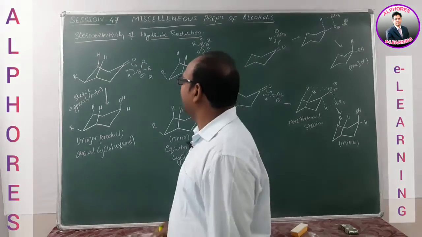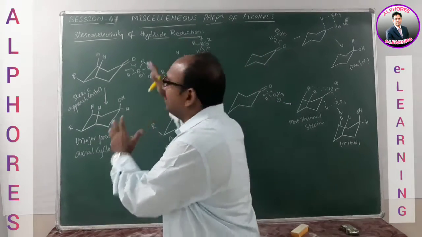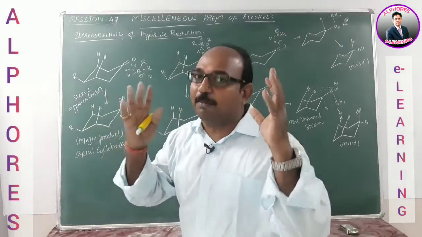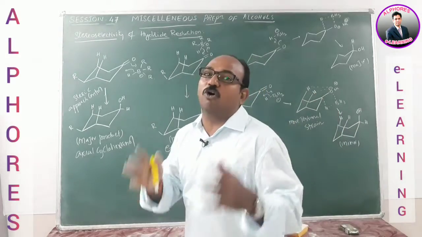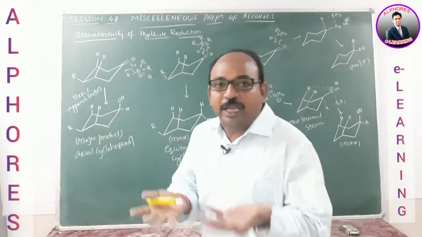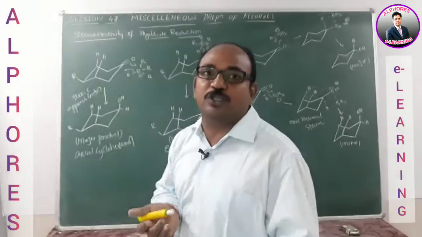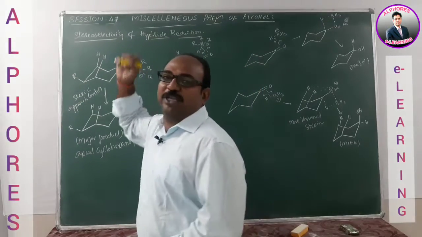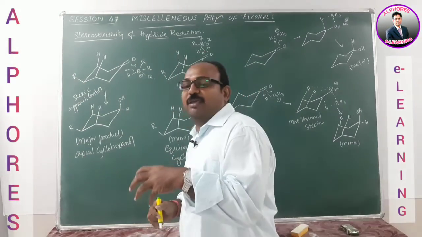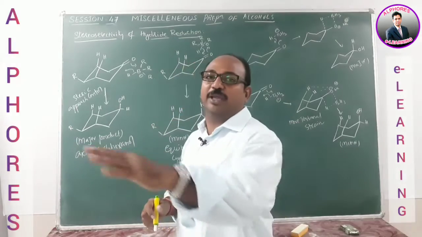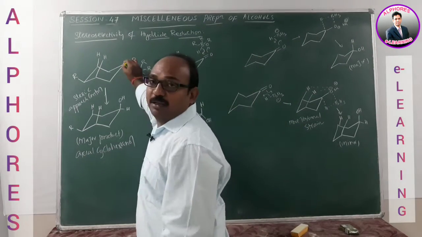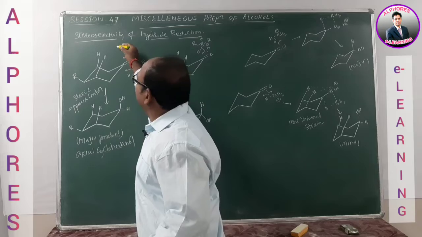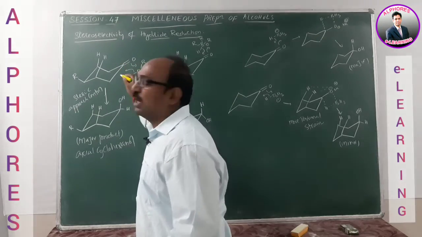Now let us see. When we are using a more hindered metal hydride, it prefers to approach in the equatorial position. Its path must be equatorial rather than axial.